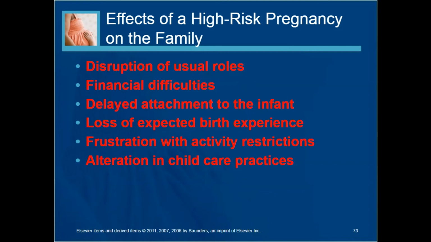There is a loss of the expected birth experiences because they expect everything to be happiness and rainbows. There is frustration with activity restrictions. Maybe they have other children to take care of. And then there's an alteration in child care practices if the patient is on bed rest even after the infant comes. Maybe she can't take care of the baby and has to get help with that.